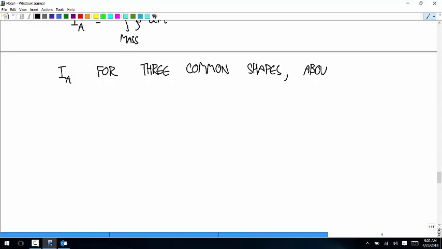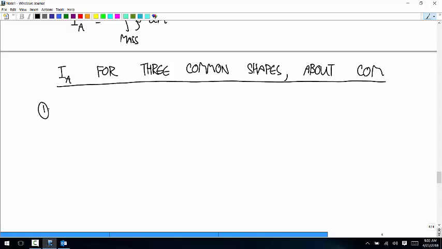So about the center of mass. The first one is a slender rod where we're assuming that it doesn't have any thickness. It seems like that would be a big deal to assume that it has zero thickness, but it turns out that's a good approximation for a lot of reasonably slender things.